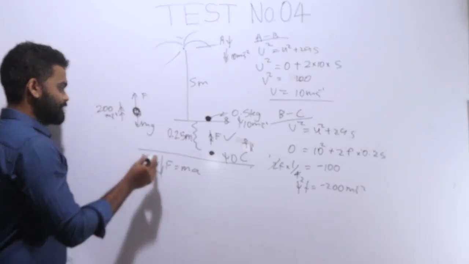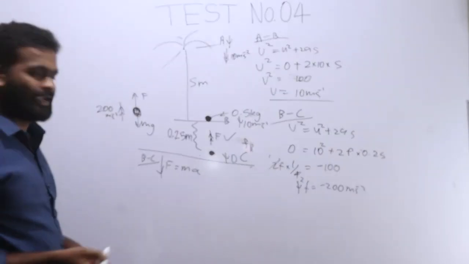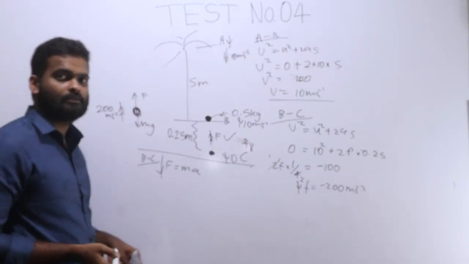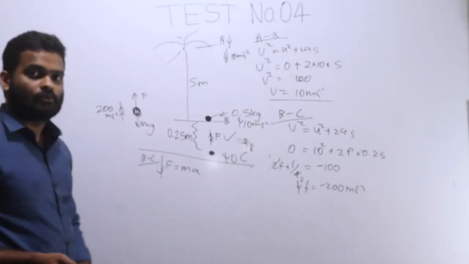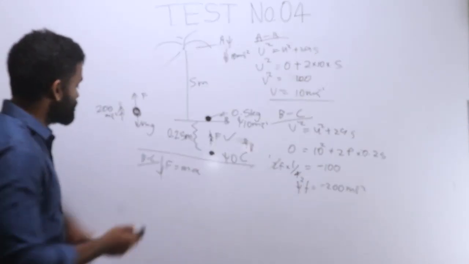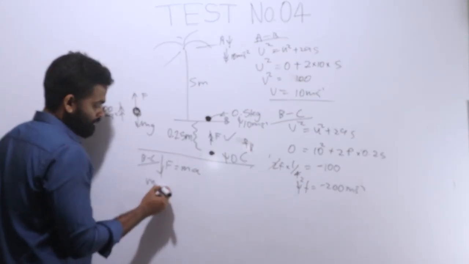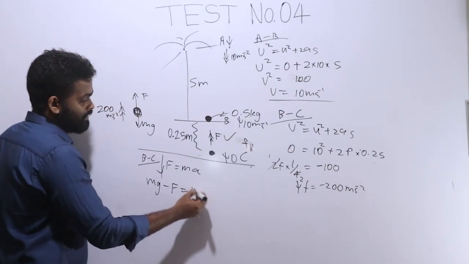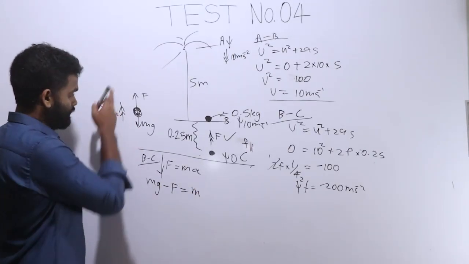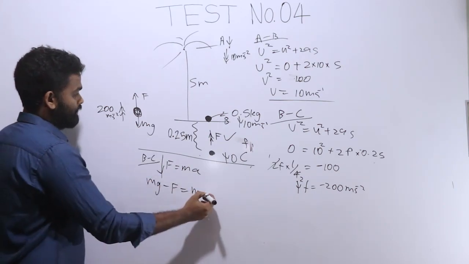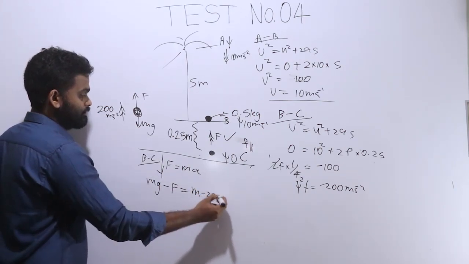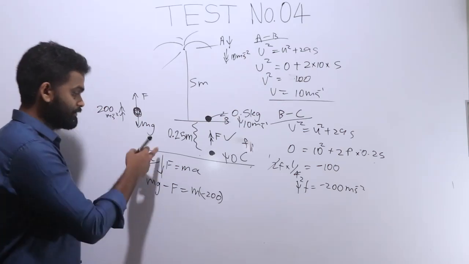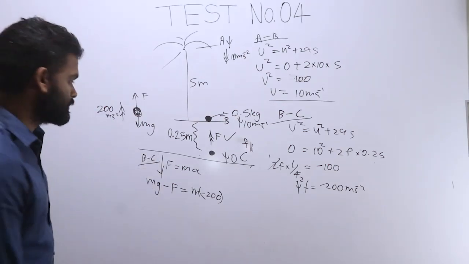So I apply the equation downwards. You can apply the equation in any direction. Here mg is downwards. F is upwards, so it is minus F. The acceleration is upwards, so here you have to substitute it as a negative acceleration because the equation is applied downwards.